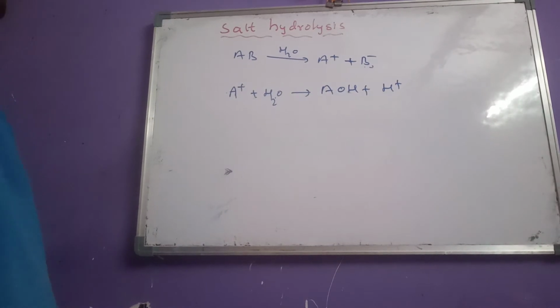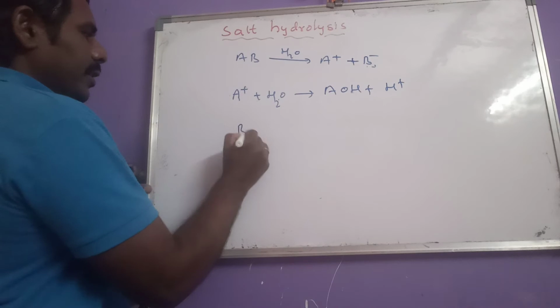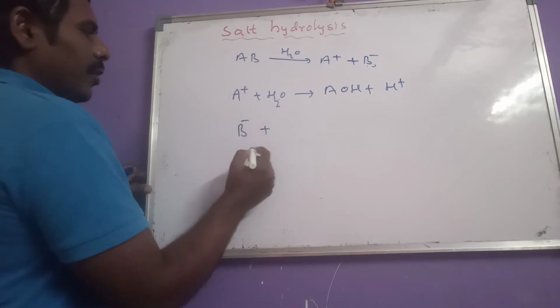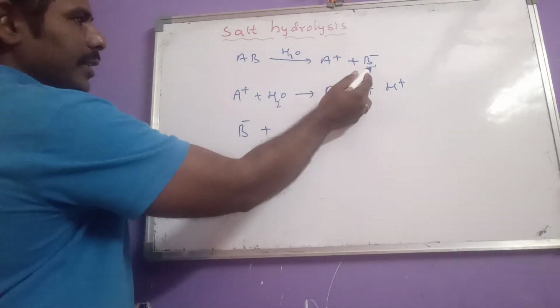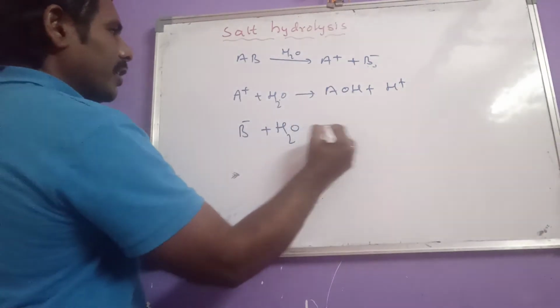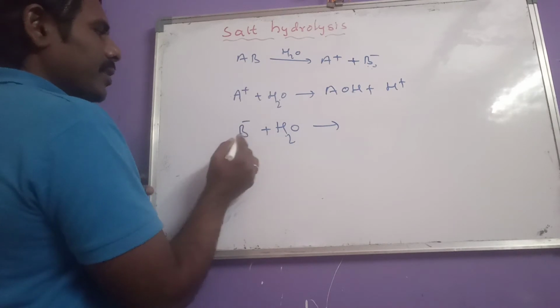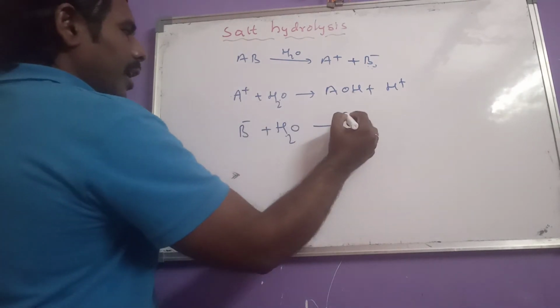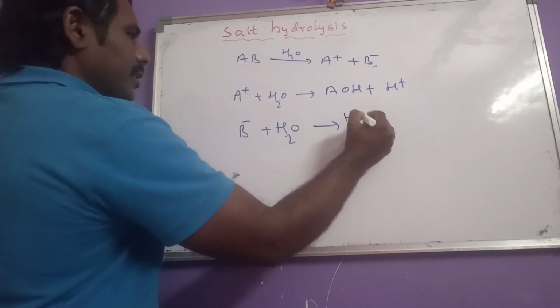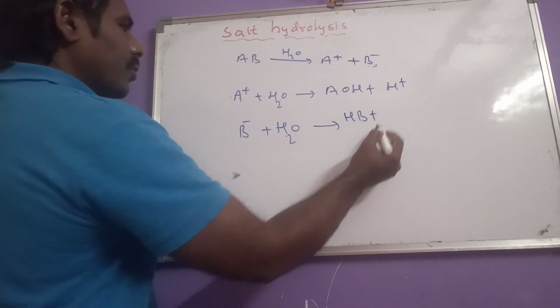H plus ions. Now, if B minus is the stronger one, it reacts with water, combines with H plus ion of water and produces HB, and here what we get now?